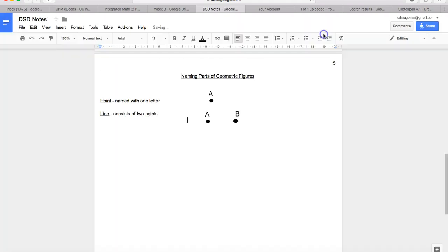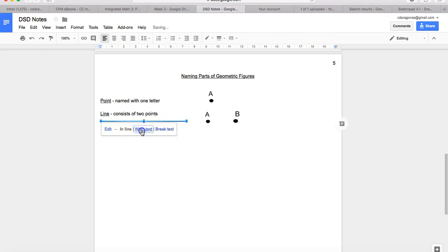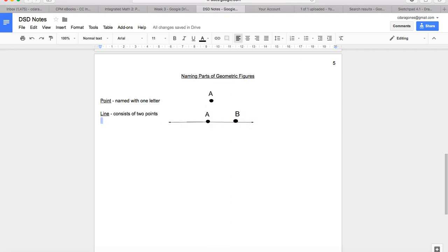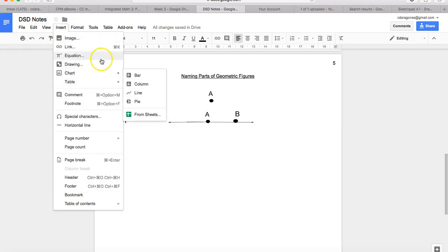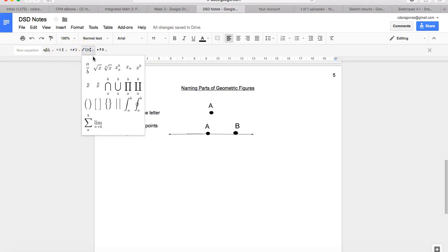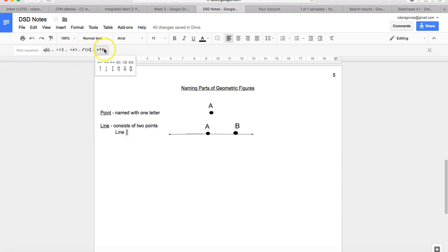Okay. So if we have this line that connects 2 points, we can name this line right here line AB. And lines have this thing on top of them.